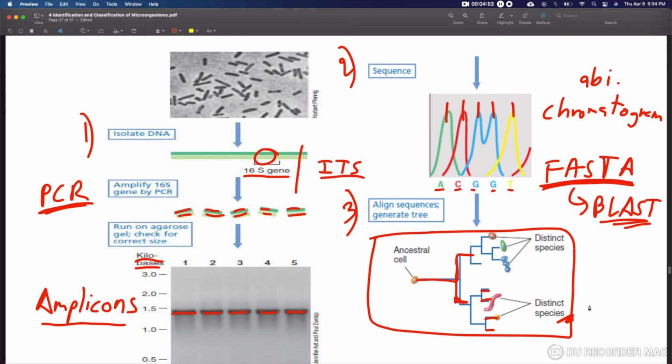Now, if you have been in my Bio 110 class, you may have encountered how we produce the flow of the phylogenetic analysis process: how we isolate DNA, how we create sequence alignment, how we generate the tree.